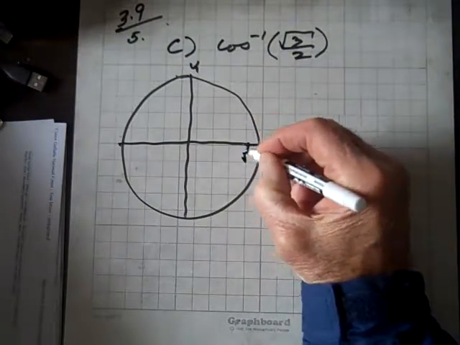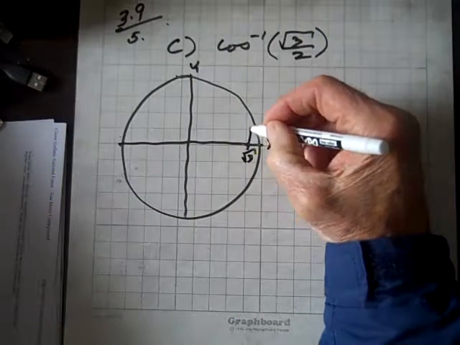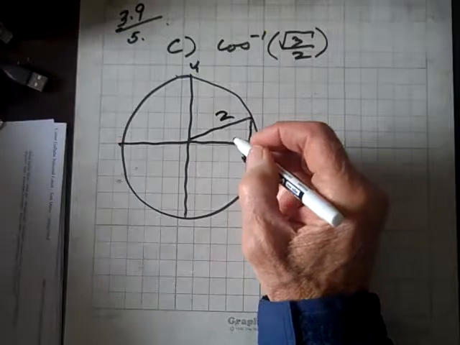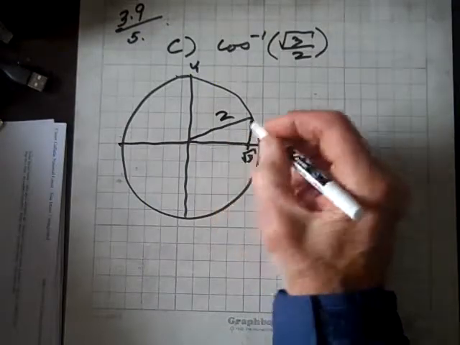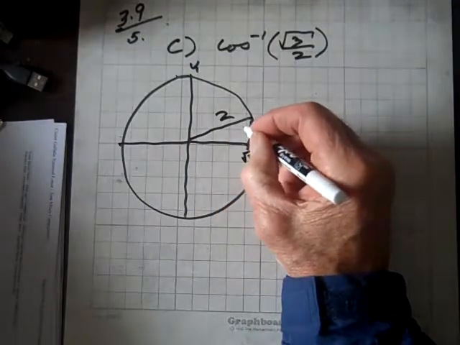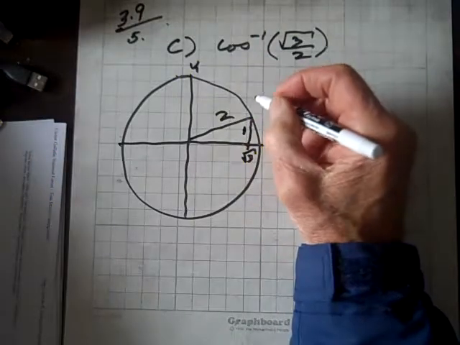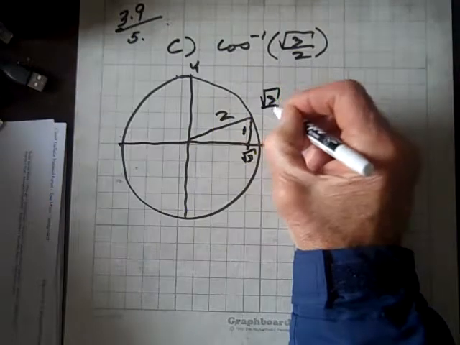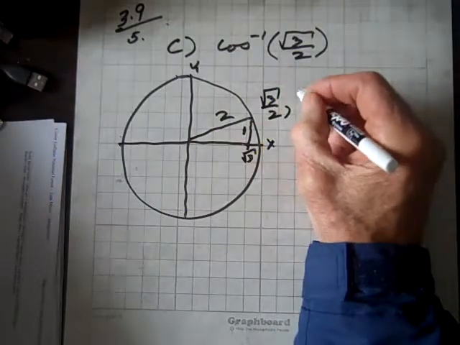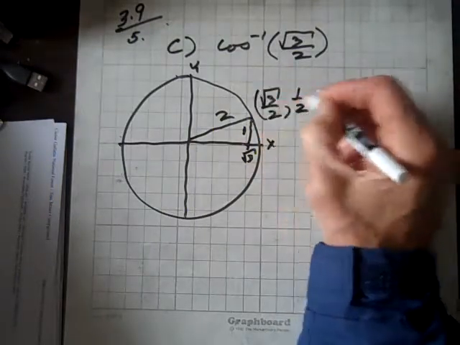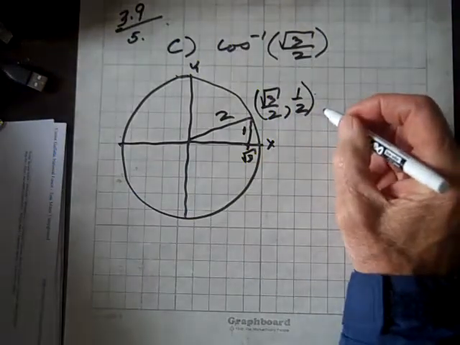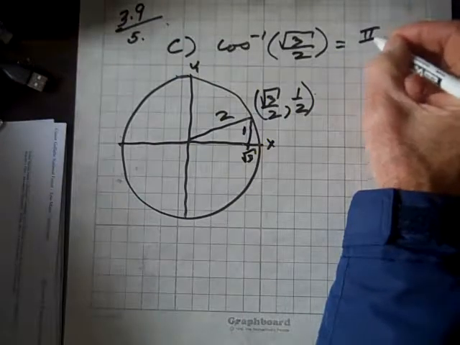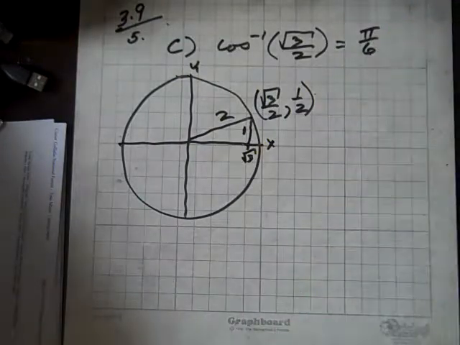So √3, and go up, and we have a radius of 2. So this distance is √3. By the Pythagorean theorem, this distance is going to be 1. So the coordinates of this point are √3 over 2 and 1 over 2, and we know that those coordinates suggest an angle of pi over 6. And now we are done.